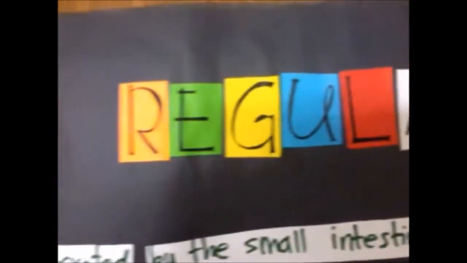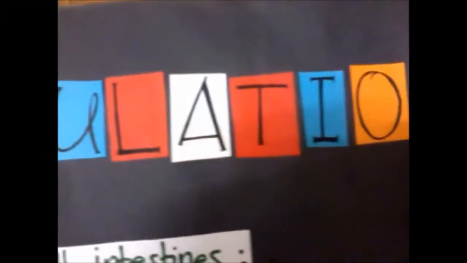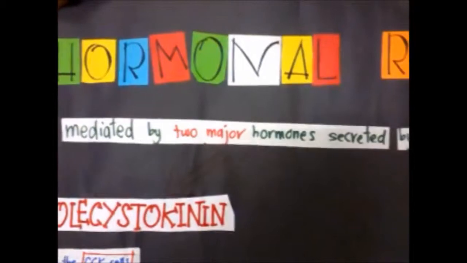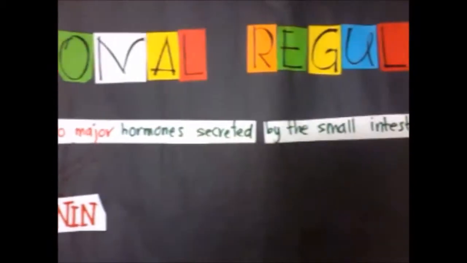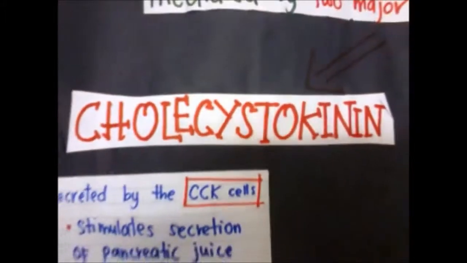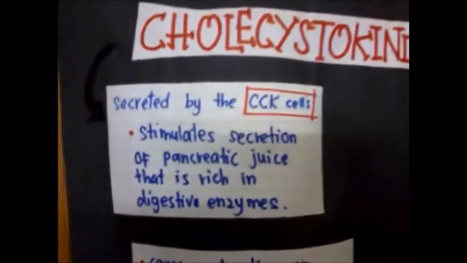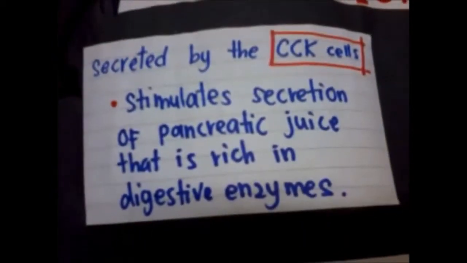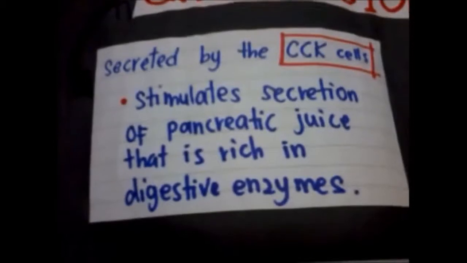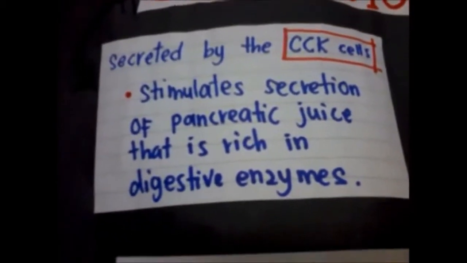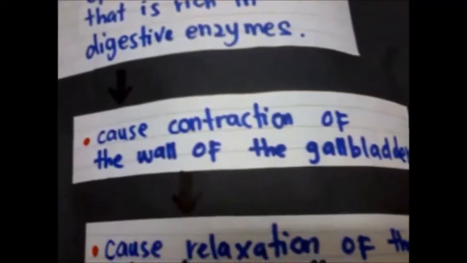For the hormonal regulation, the intestinal phase of digestion is mediated by two major hormones secreted by the small intestine. First, cholecystokinin, secreted by the CCK cells. It stimulates secretion of pancreatic juice that is rich in digestive enzymes.